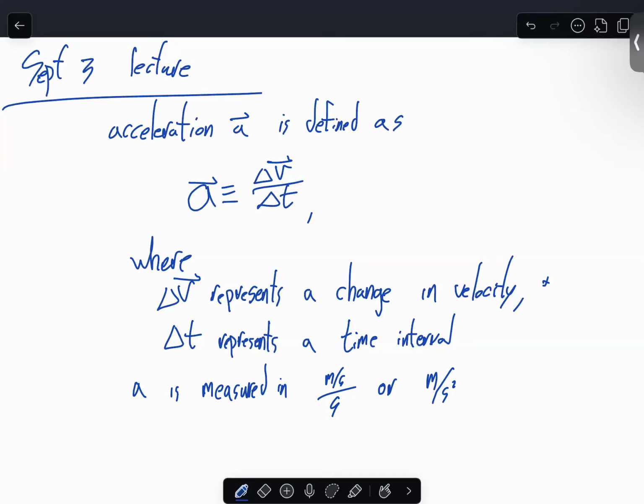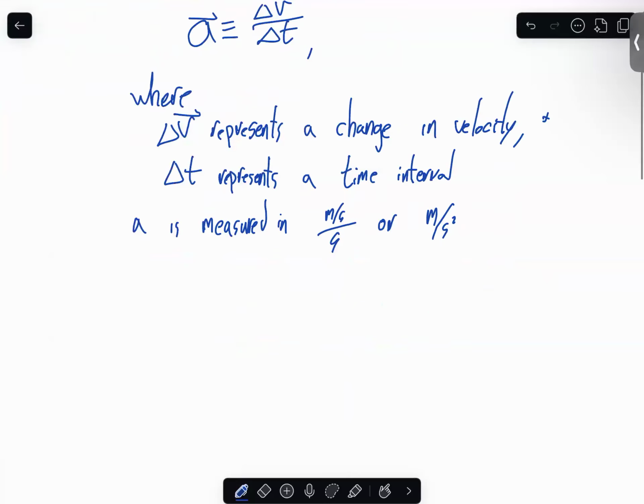I want to emphasize something muy importante, a very common goof. Write this down. Negative acceleration is not deceleration. Acceleration is a vector. You can have plus or minus. Negative acceleration does not mean slowing down, necessarily. Could, but not always.